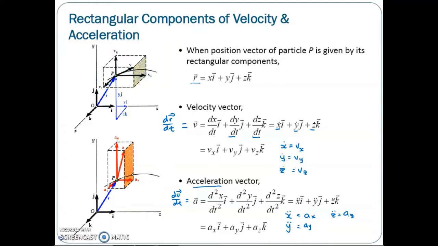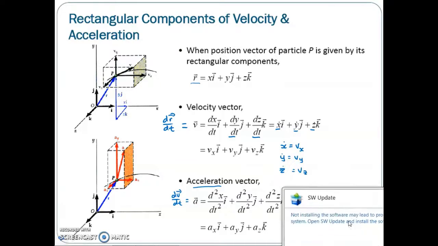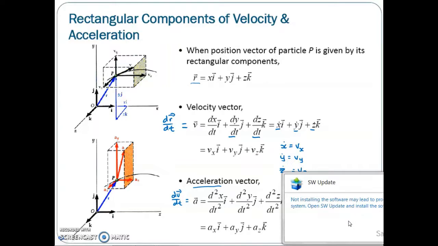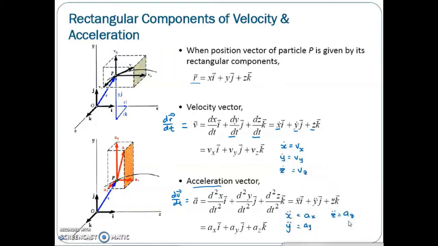The same goes for az, upon the time, the position in the z direction, and or the velocity in the z direction. In other words, the motion of a particle in the x direction, its motion in the y direction, and its motion in the z direction can be considered separately.